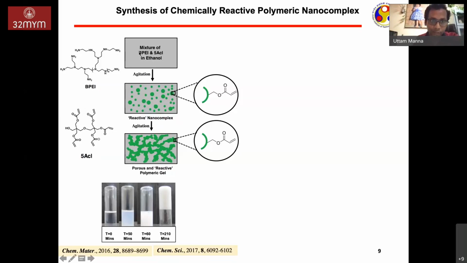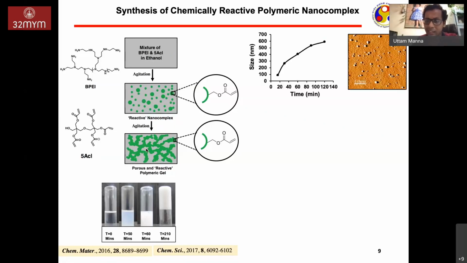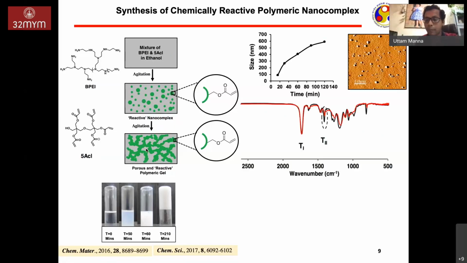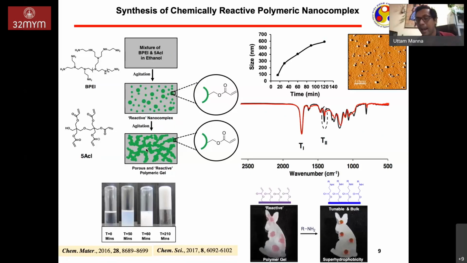But believe me, from this first step to second step, it took almost 8 months to standardize this, to find a sweet spot which can give this desired chemically reactive polydisperse nanocomplex, which just keeps on growing. And if you allow more time, it can form a gel. It takes almost 3 hours to form a gel. You can see the continuous growth of this nanocomplex. And at the end, they remain chemically reactive. Even after forming this gel, which can be shaped, you can give it the shape of a bunny and they remain chemically reactive.